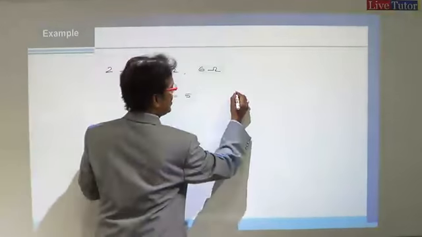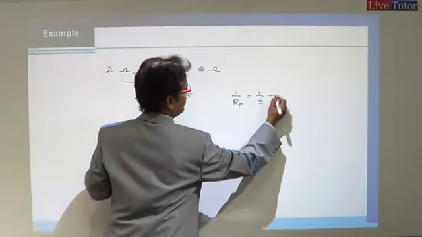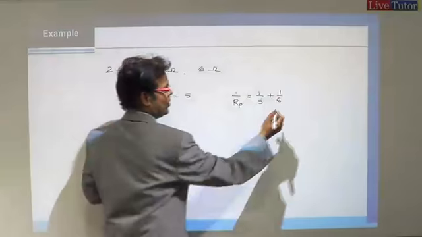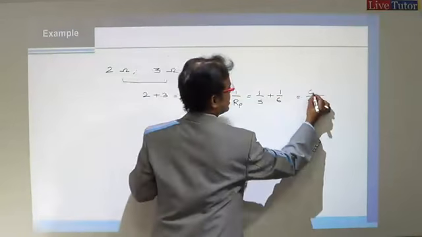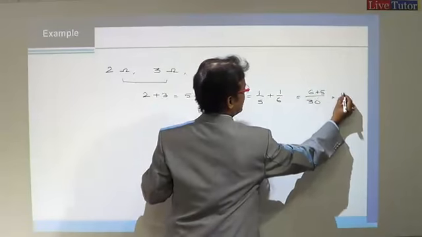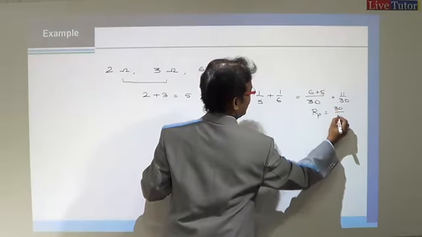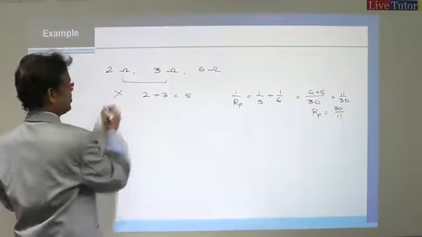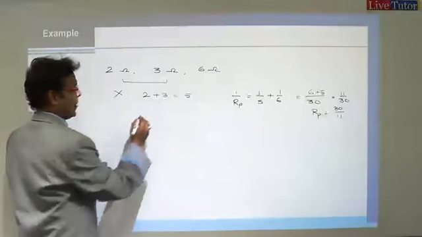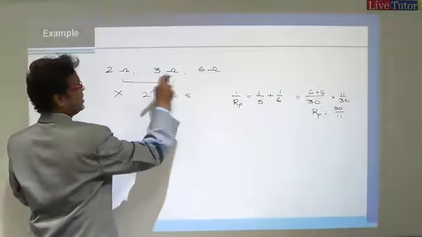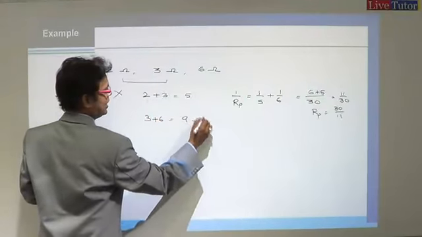Now, we will try that. 1 by Rp is equal to 1 by 5 plus 1 by 6. So, 30, here it is 6 plus 5, that is 11 by 30, or Rp is equal to 30 by 11, which is not correct. Wrong. So, we will take next 3 and 6. These two in series give 3 plus 6, 9.